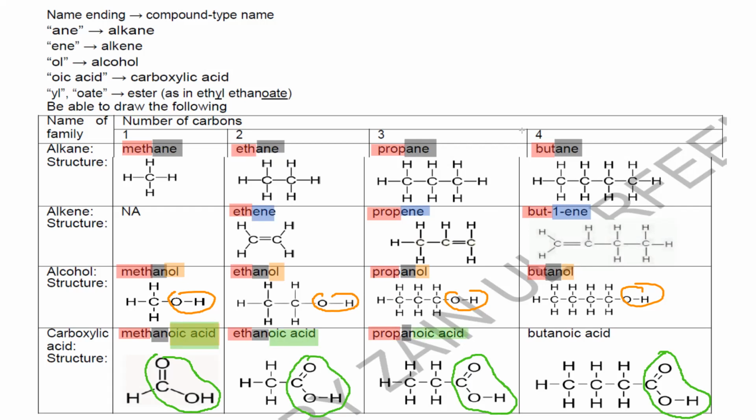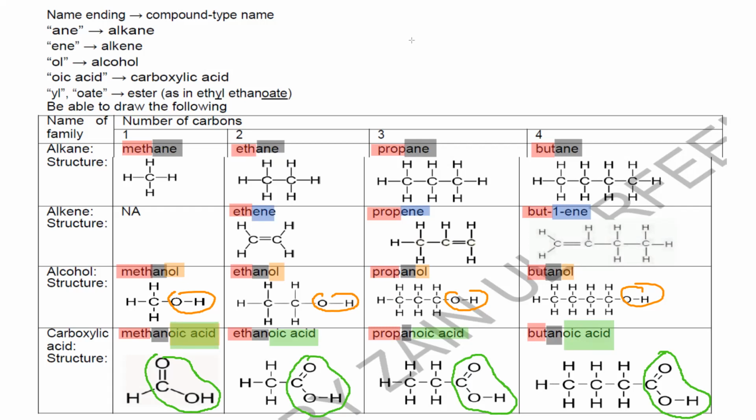Then butanoic acid, but means 4 carbon, between them single bond and due to the functional group it will be oic acid. So butanoic acid due to C double bonded with O and OH.